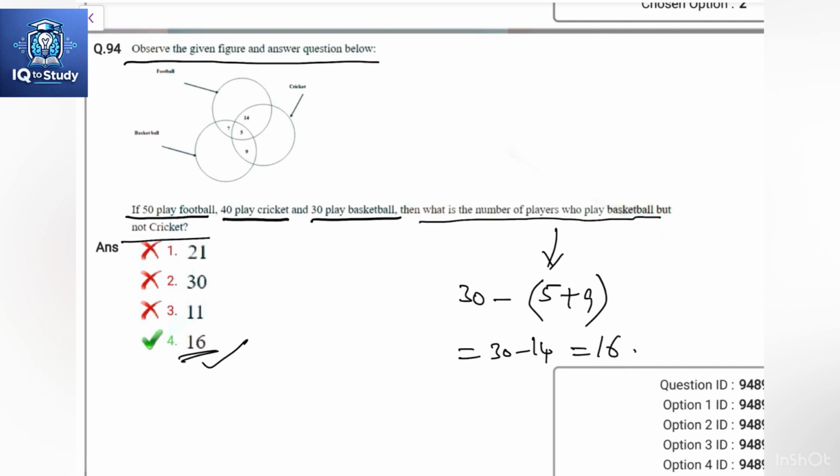So option 4, 16 is correct. Here the logic is the number of players who play basketball is given as 30 in the question, and in the figure the number of players who did not play basketball is 5, 9 values. So 30 minus (5 plus 9) is taken.